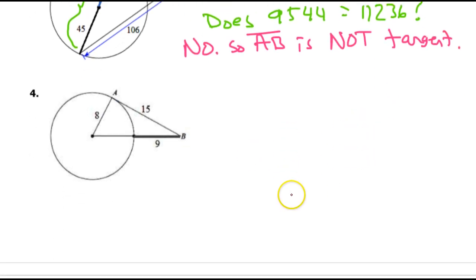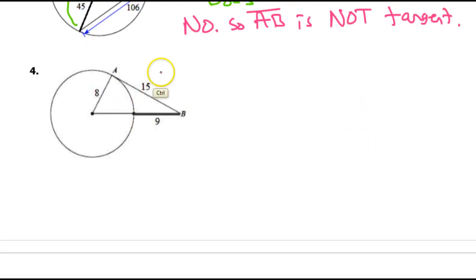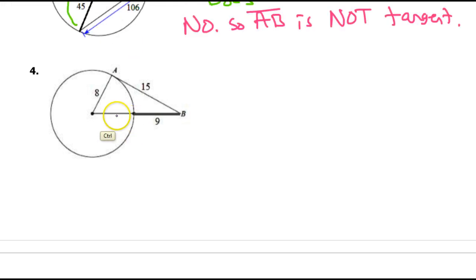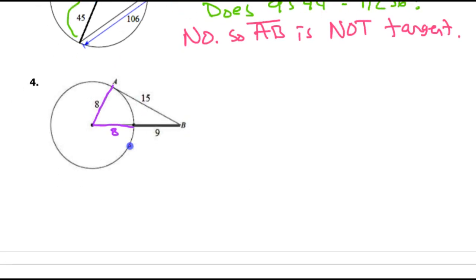Okay, same thing for problem number 4. Watch out for the fact that the radius here, they didn't give it to us, but it's 8. All right, because this is 8 over here, and the radius is the same in all these directions.